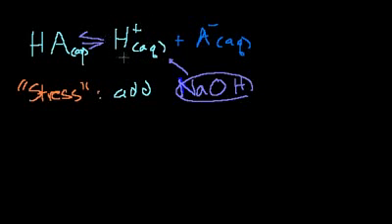So for example, if you had 1 mole of hydrogen ions in your solution, and you added 1 mole of sodium hydroxide to your solution, right when you do that, all of this is going to react with all of that, and the OHs are going to react with the H's and form water. They didn't disappear, they all turned into water. And so all of this hydrogen, or at least the hydrogen that was initially there, that 1 mole of hydrogens, will disappear.